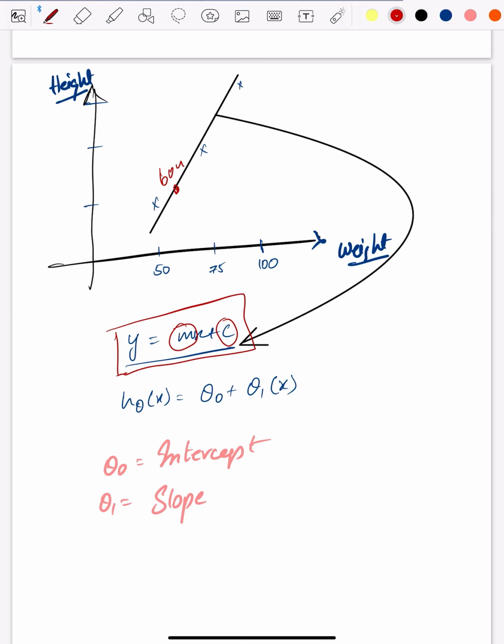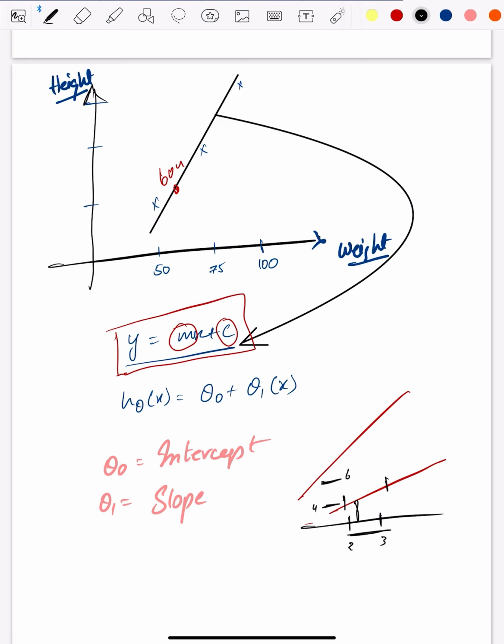So let's explain slope first. Take two straight lines. These two are straight lines, but they have different slopes. Slope is how much the line changes in the y direction when there is a unit change in the x direction. For instance, let's say x goes from 2 to 3 and y goes from 4 to 6.